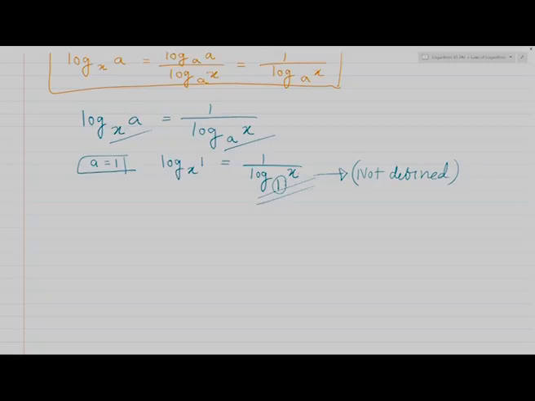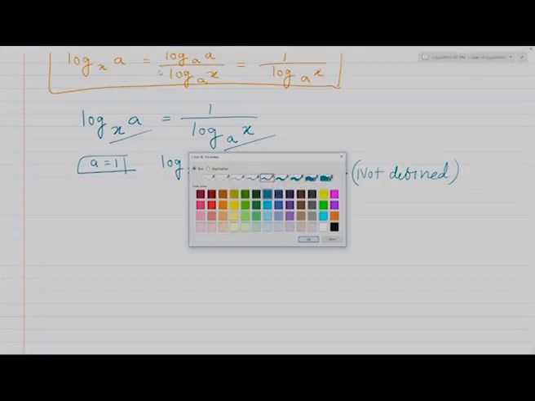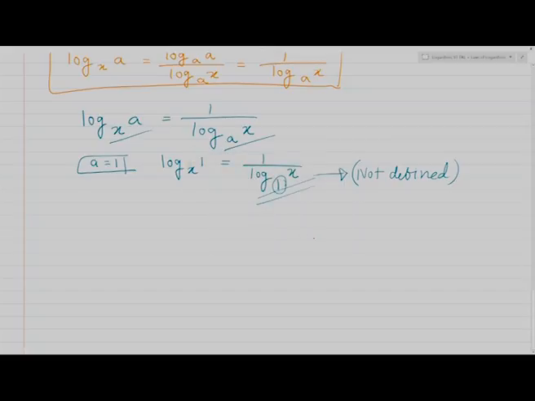Now, let us come to the last property that we are supposed to derive, which is the fourth property, and it is called power law. It can be seen as a corollary of the multiplication rule, but that is only for integers. Here we are deriving it in more generality.